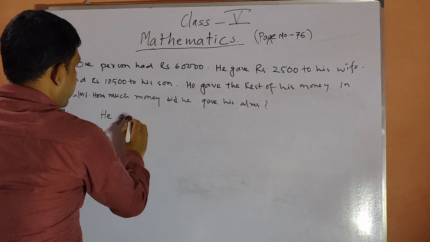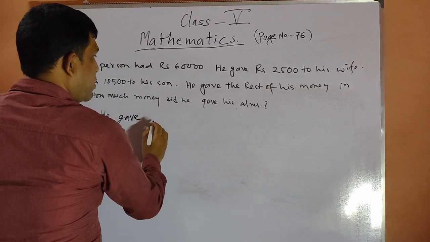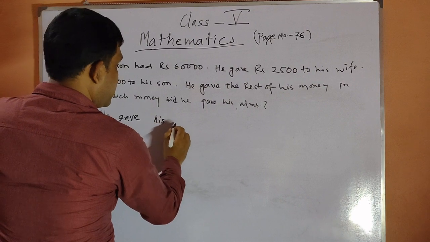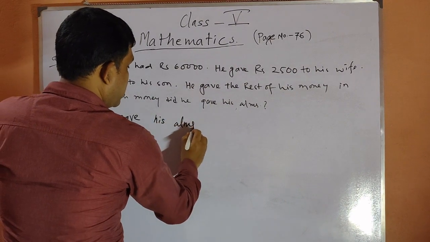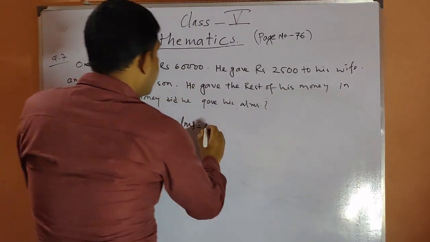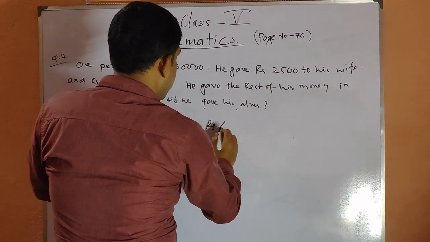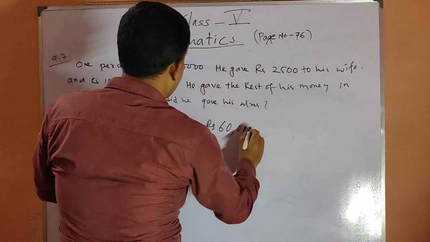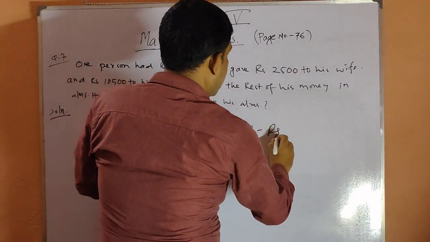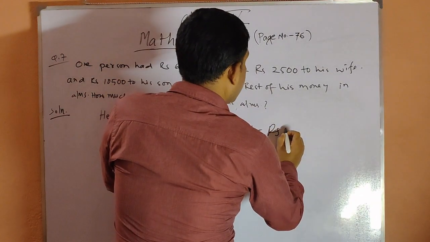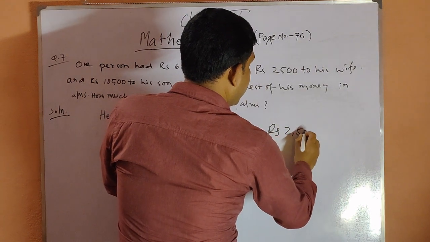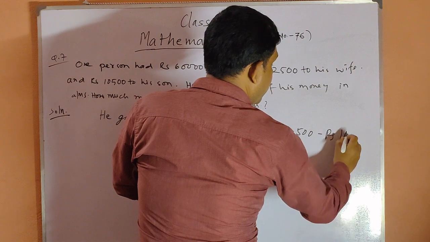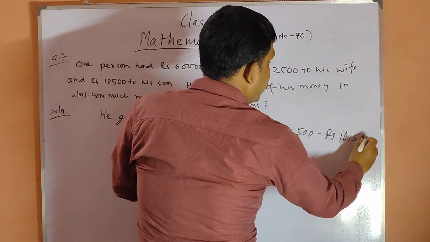He gave his alms, is equal to rupees 60,000 minus rupees 2,500 minus rupees 10,500.